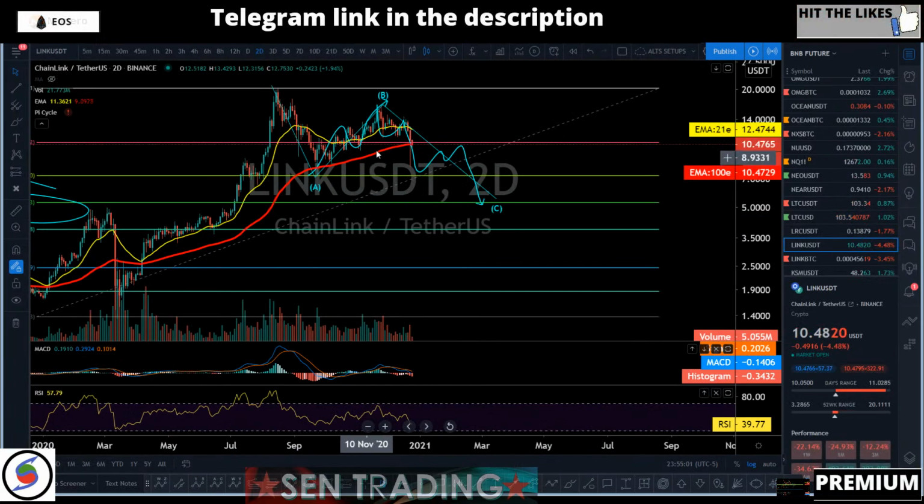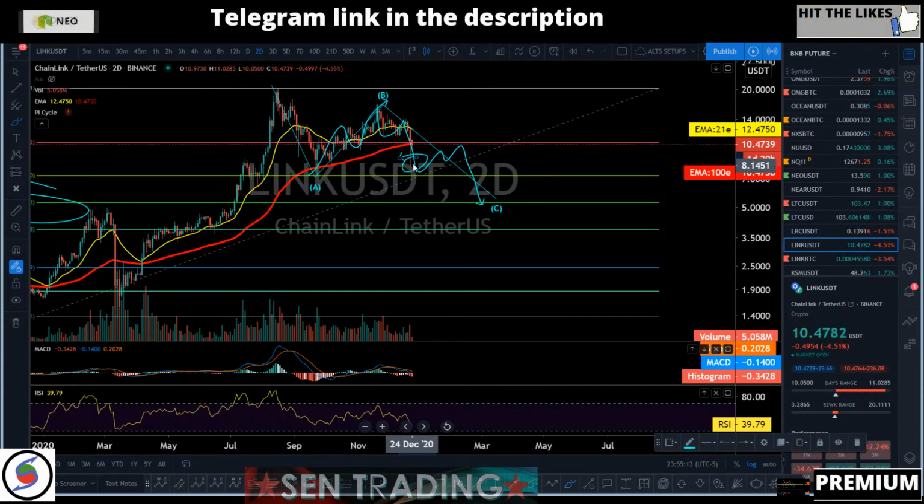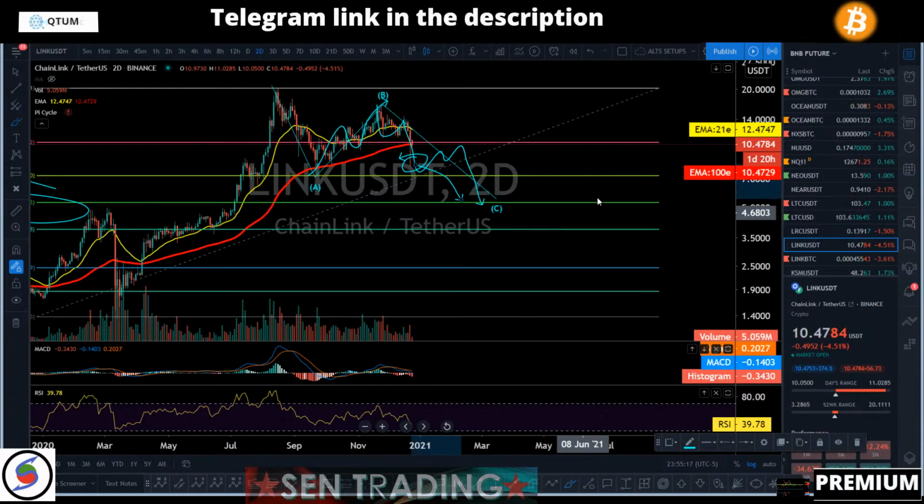Just to go back to Link, somebody asked about Link. We could be finding a temporary support just about $7. So keep an eye on Link, $8 to $7. The next stronger buy area is going to be just about 5.2, right? Over the next few trading sessions.